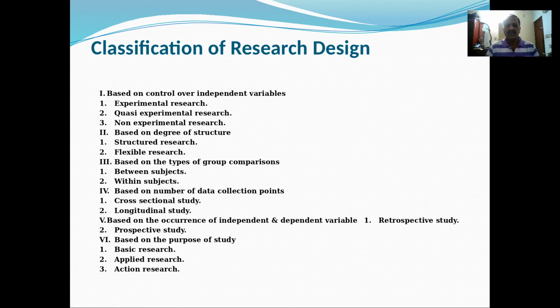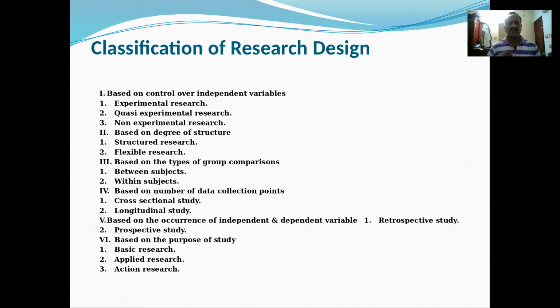Today we are going to discuss the types of research designs, or the classification of research design. This research design, as I mentioned before, comes under the two broad categories, the quantitative approach and the qualitative approach. Now, several classifications are there.